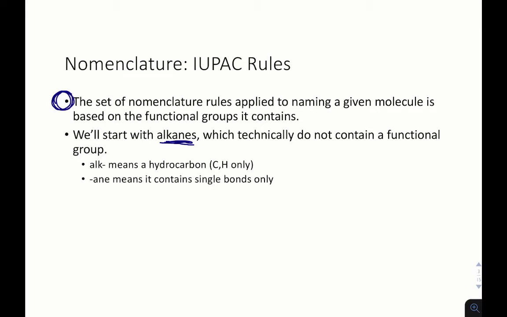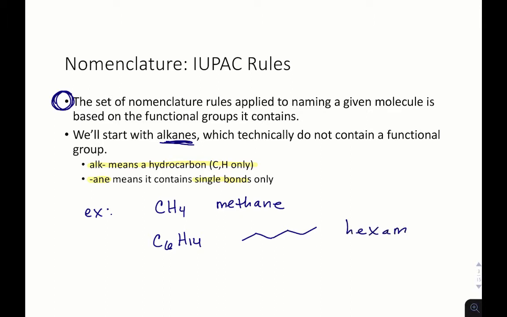For example, alk means hydrocarbon, so the molecule contains carbon and hydrogen only, and then ane means there are single bonds only. So you can imagine just a 1-carbon hydrocarbon. This is called methane. You could imagine a 6-carbon hydrocarbon with only single bonds. This would be called hexane.